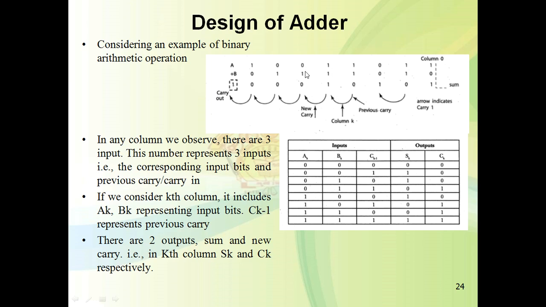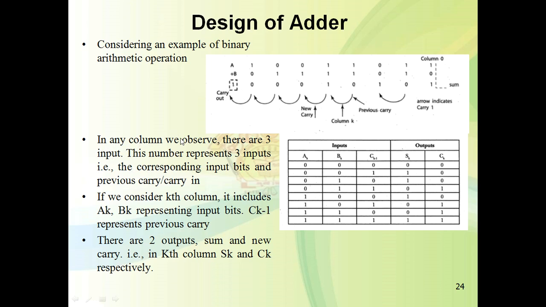One operand is 0 and the other is 1, the previous carry is 1, so the sum is 0 and the carry is 1. Likewise, one operand is 1, the other is 0, the carry is 1, so the sum is 0 and the final carry out is 1.